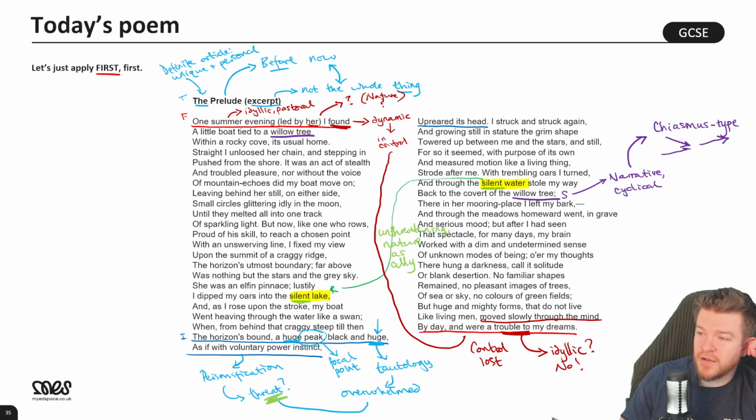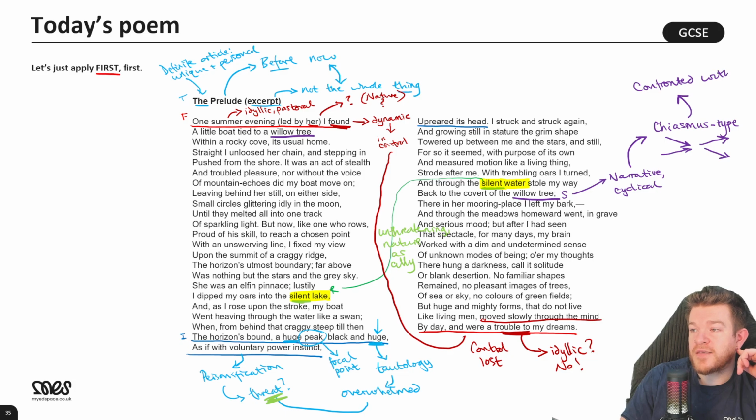So it's this kind of X shape where we move in towards something and then we move away from it as well. And what's the point of that? Well, it's because the speaker has been confronted with something terrifying. Confronted with terror. And then we have done the title.